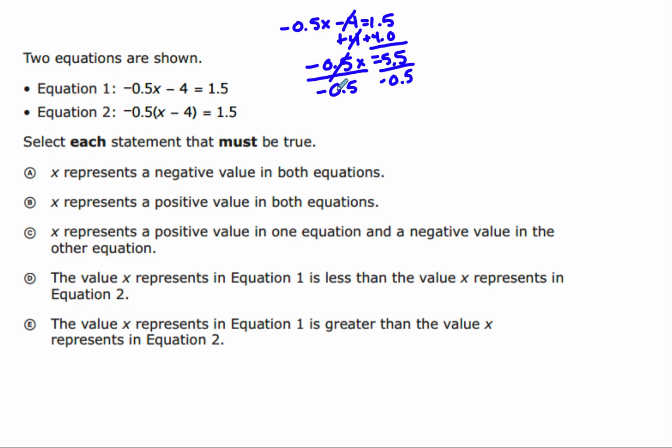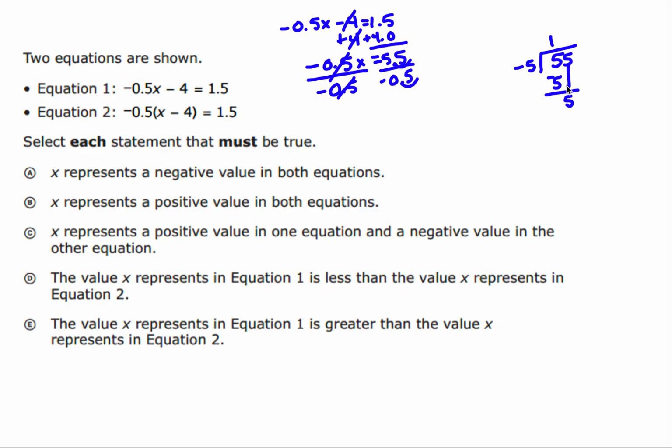Okay, when I'm doing this decimal division, I've got to move that decimal over. Move the decimal over. It is now 55 divided by negative 5. 5 goes into 5 once. All right, that's 0.